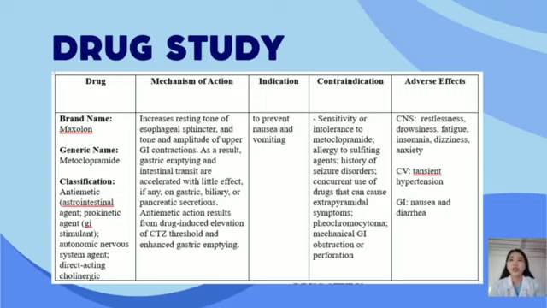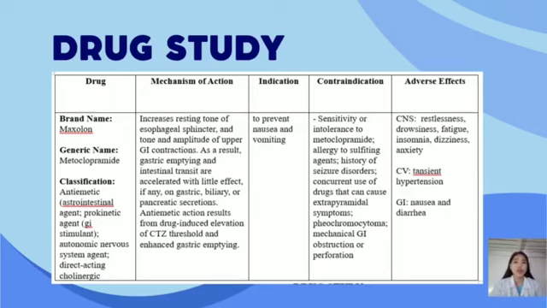Next drug is metoclopramide. It is an antiemetic, so this is for when the patient is vomiting, and its mechanism of action is it increases resting tone of the esophageal sphincter and tone and amplitude of upper GI contractions. As a result, gastric emptying and intestinal transit are accelerated with little effect, if any, on gastric, biliary, or pancreatic secretions. Its antiemetic action results from drug-induced elevation.